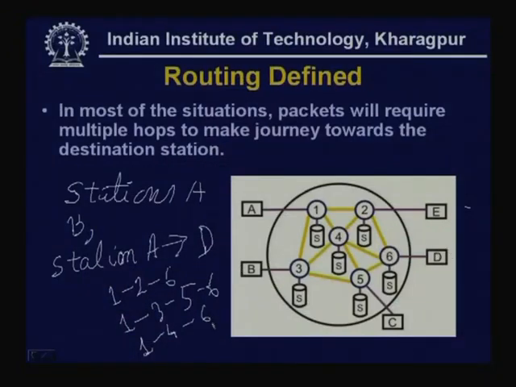The key point that I would like to make is, from a source to a destination, there exist multiple paths, and routing is a mechanism for finding the most cost effective path from a source to a destination. So, for a source destination pair, the intermediate nodes through which the packets are to be routed is given by the routing algorithm.